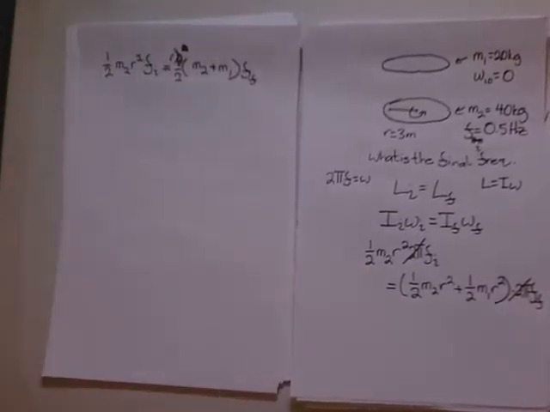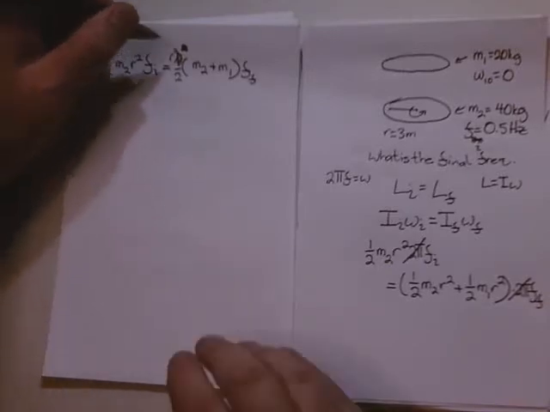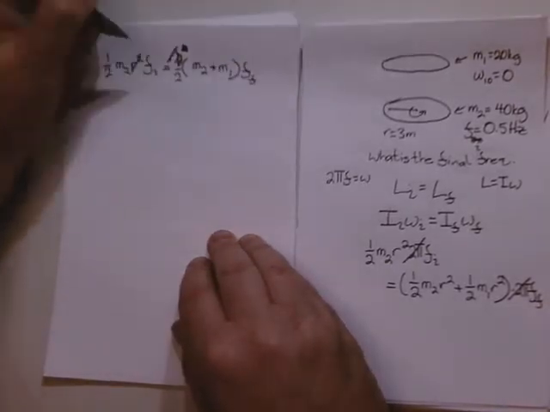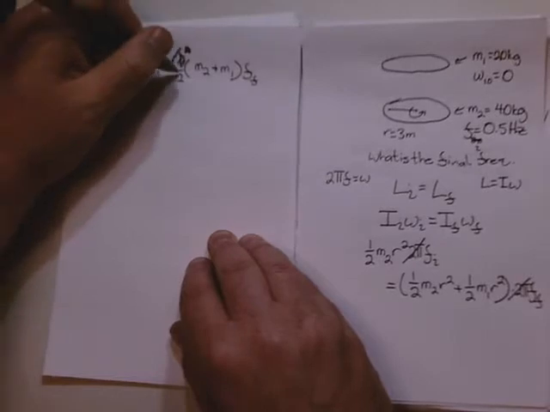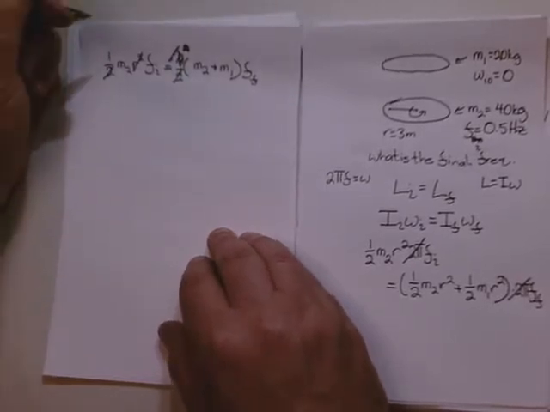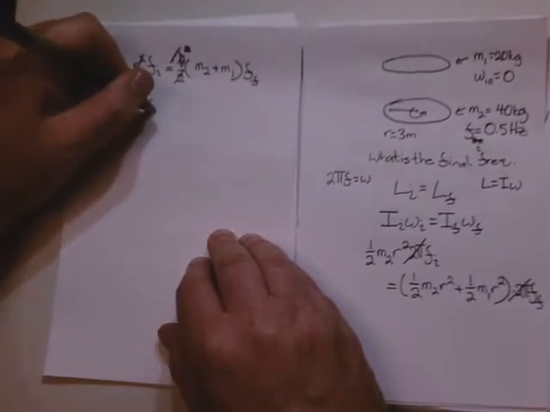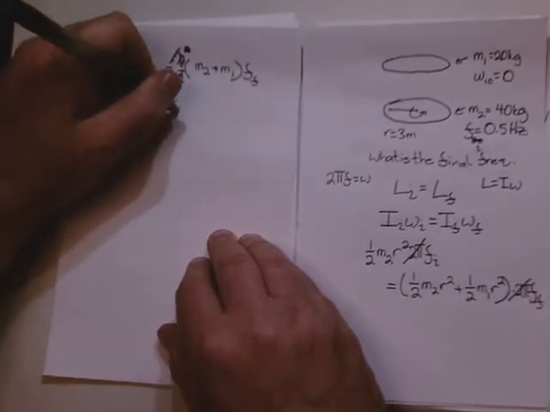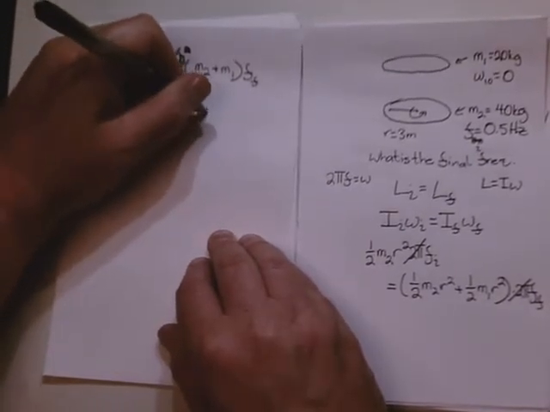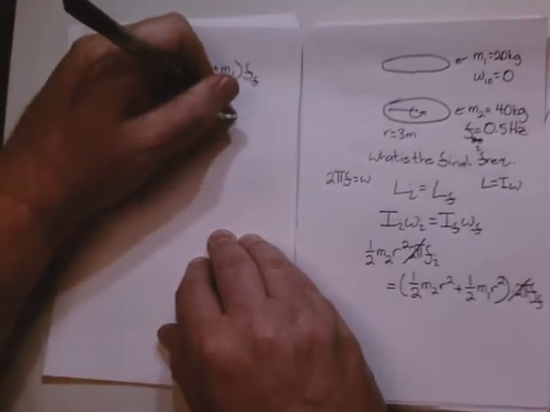Now, one of the interesting things is I did not have to give the radius of the disk because the r squares cancel, as well as the halves, but big deal. And I'm left with m2 f initial is equal to m2 plus m1 times final frequency.